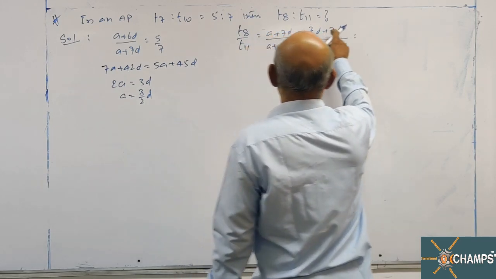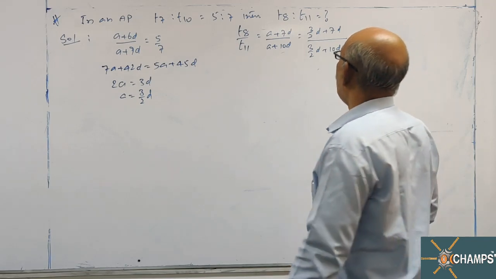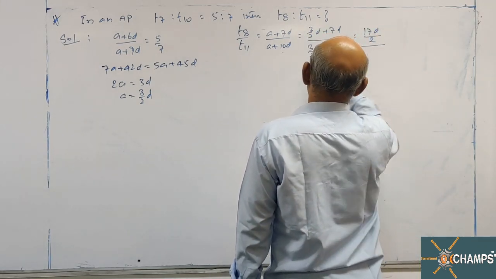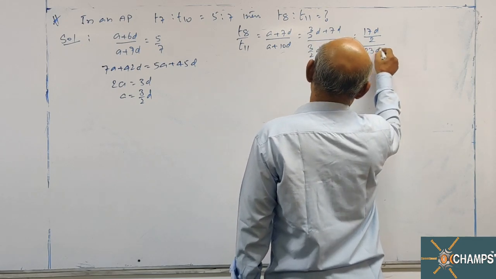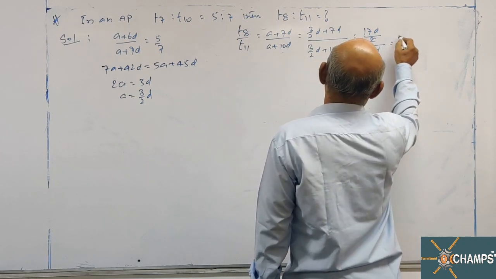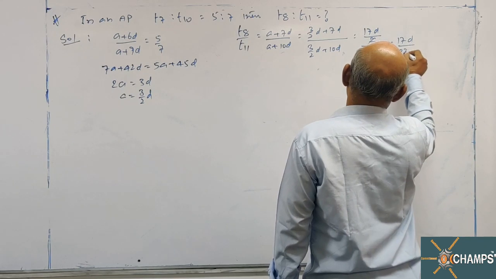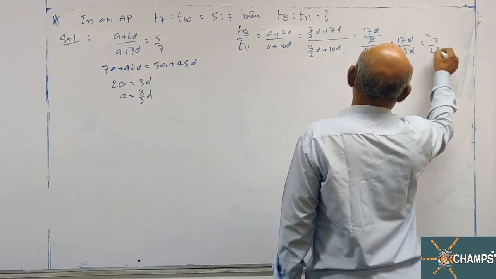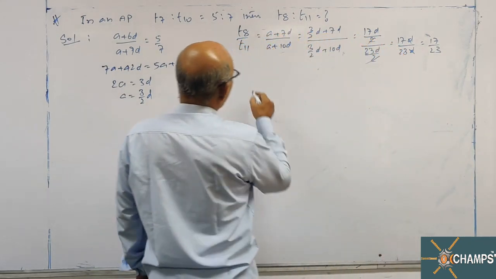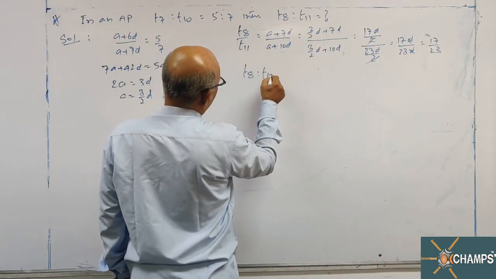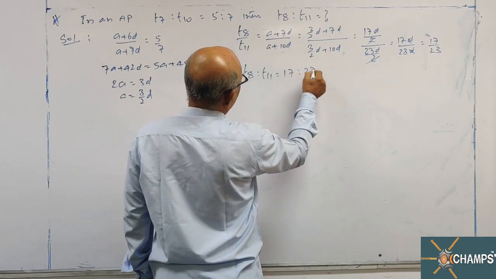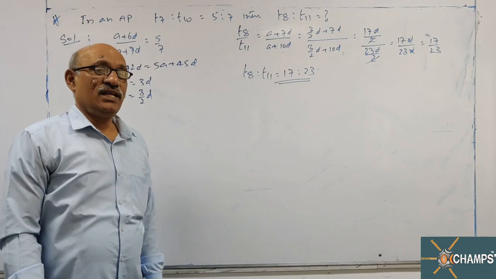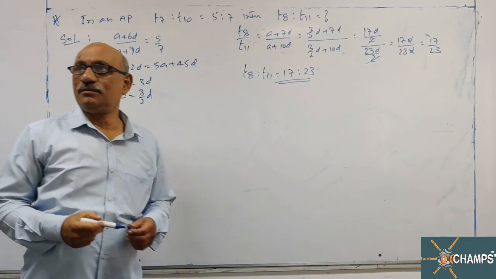Take LCM. 2 7s are 14, 14 plus 3 is 17D by 2, over 23D by 2. 2 cancel. 17D divided by 23D, D cancel. This is 17 by 23. So T8 is to T11 is equal to 17 is to 23.